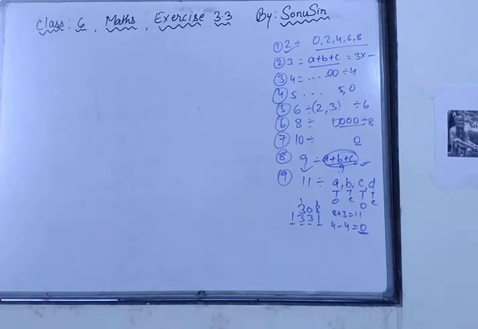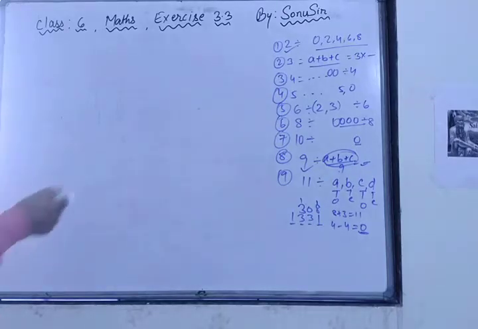Here some numbers are given and you have to write whether each number is divisible by 2, 3, 4, 5, 6, 8, 9, 10, 11. According to the divisibility rules I taught you, you have to write whether the number is divisible by that number or not. So let us make a table first of all. In the table we write whether this number is divisible by this number or not.